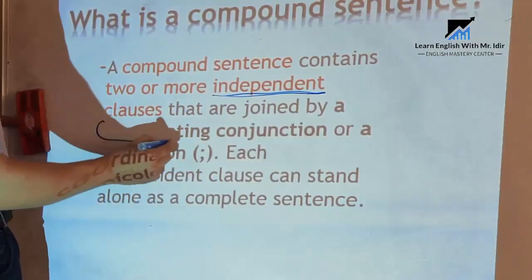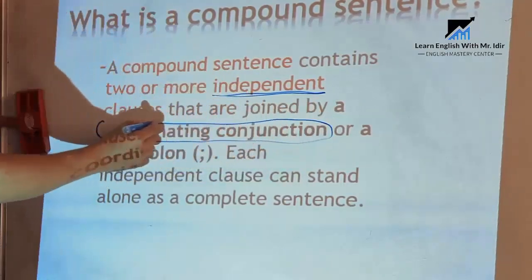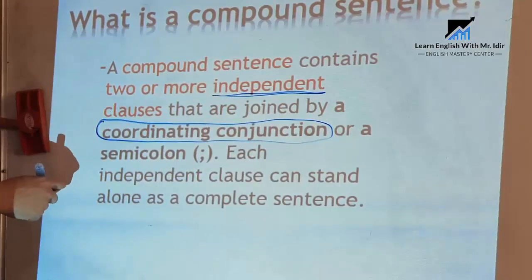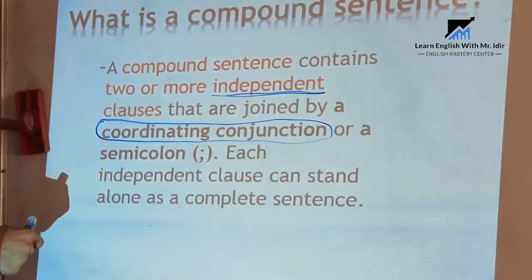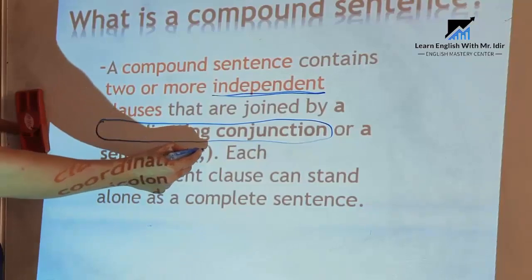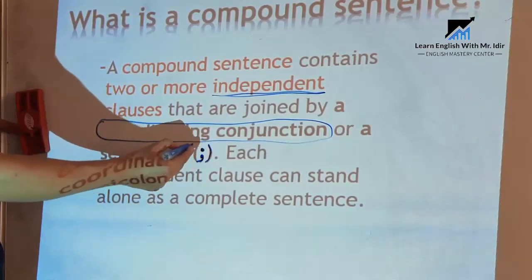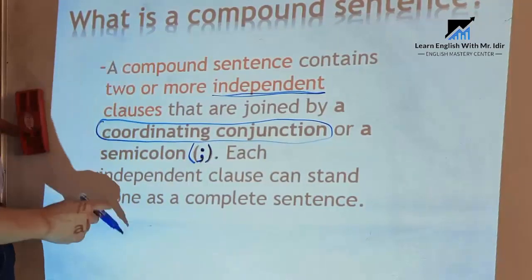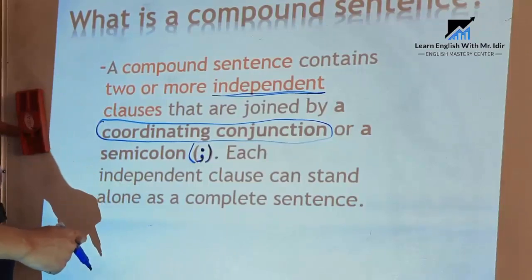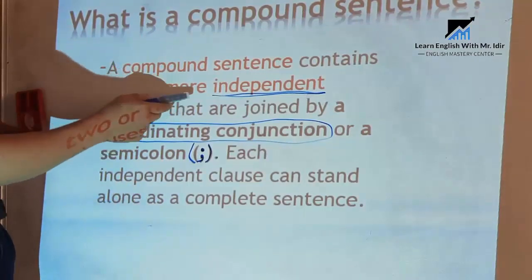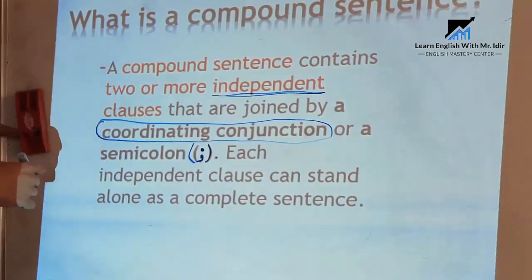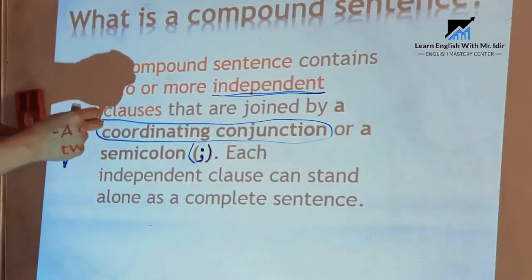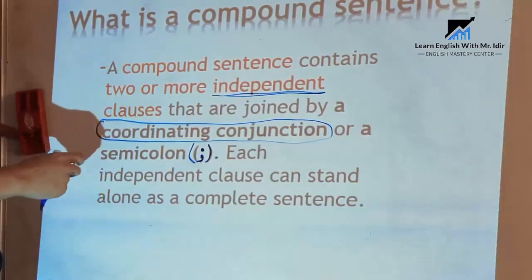The coordinating conjunctions are what we call the FANBOYS, or a semicolon, which is a punctuation mark. Each independent clause can stand alone as a complete sentence. As we said previously, an independent clause can stand alone. This time we have two, so both are independent and have meaning.